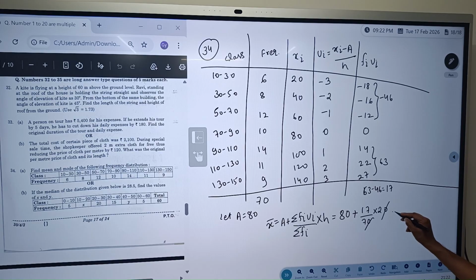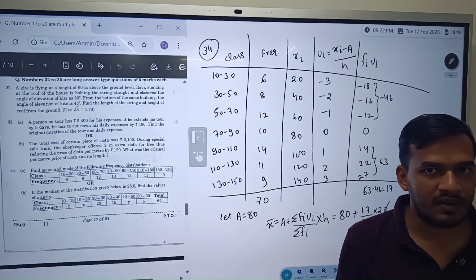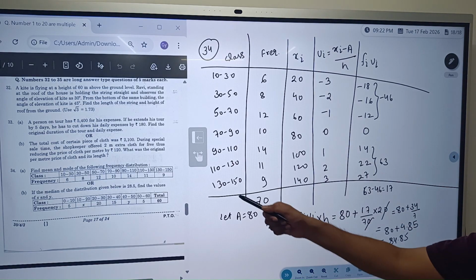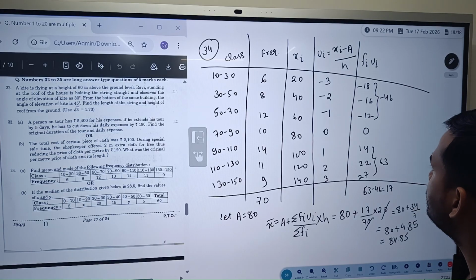So 80 plus 34 by 7, that is 4 point something: 7 4 is 28, 8 carry, 7 8 is 56, 4 carry, 7 5 is 35. So 84.85 is the value of the mean. Then we have to find the mode value.